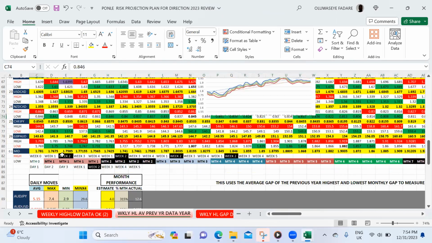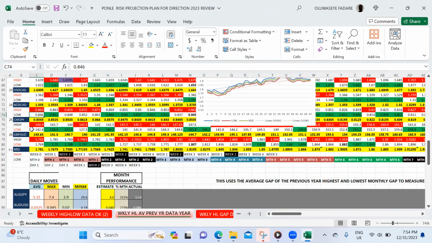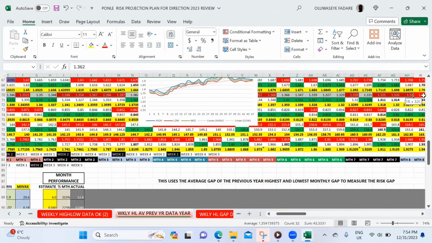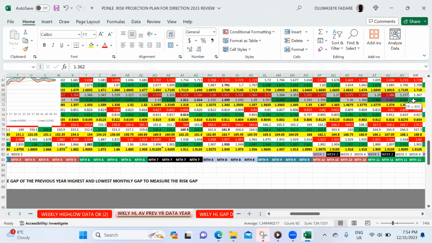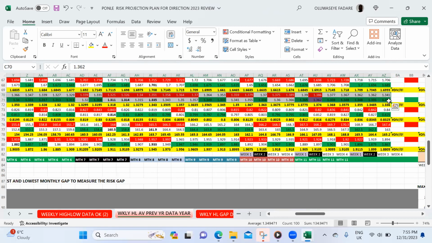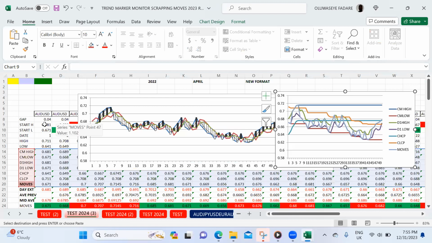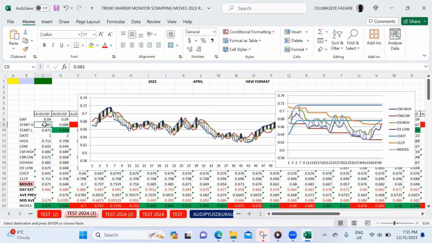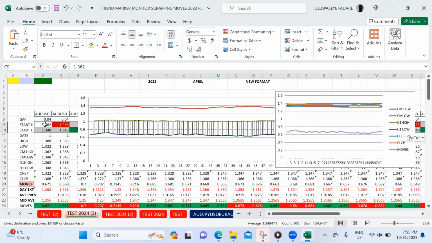Okay, we are using an old report, so let's try USD card. So let's copy USD card. Okay. So for USD card, you can see, let's still use our gap of 0.04.